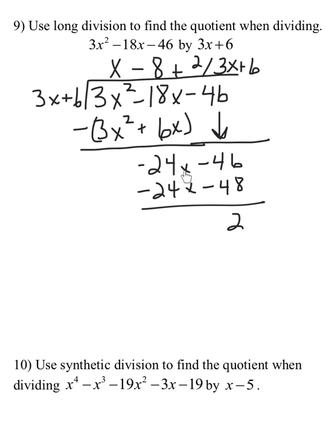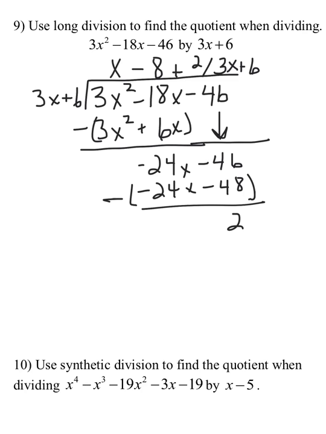Then we do it again. 3x goes into -24x, -8 times. -8 times 3x is -24x. And -8 times 6 is a -48. Then you're going to put your parentheses around your subtraction again.